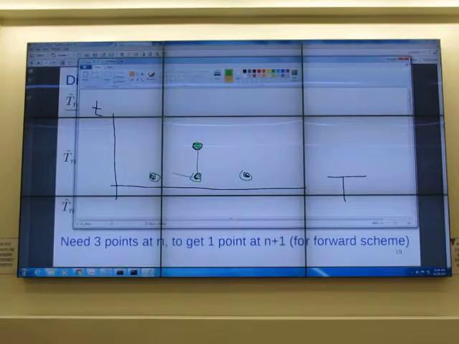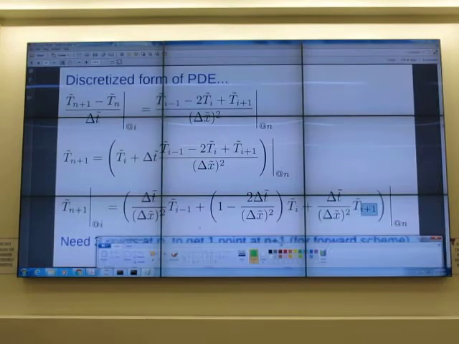It links like this. You get my point? To get 1 in the next time step, you need the history of 3 points. Make sense? If you look at the formula, 1 in the future needs history of 3 locations.